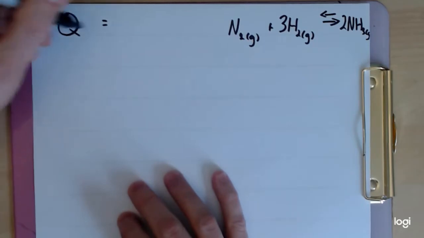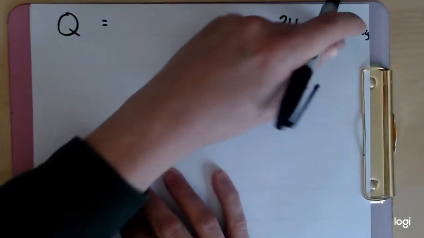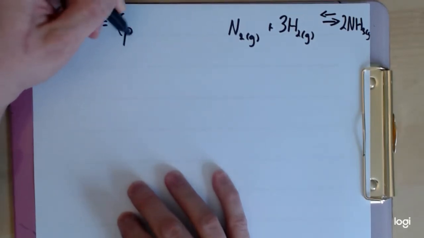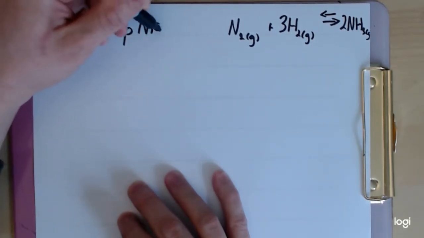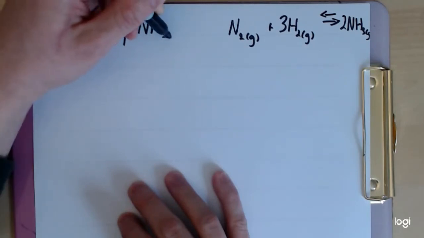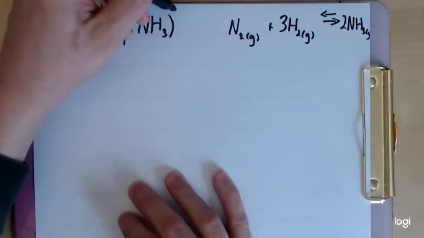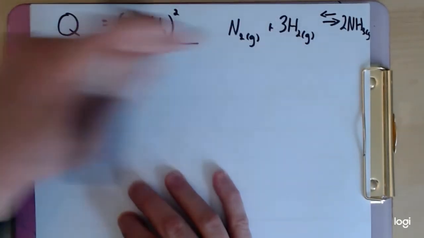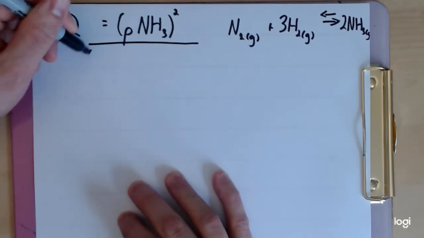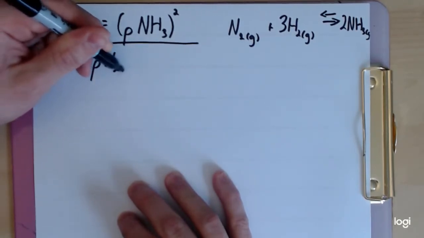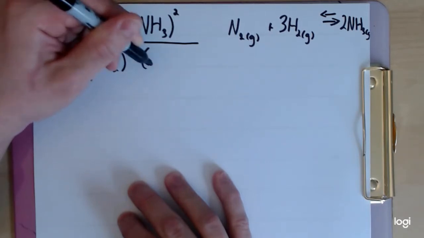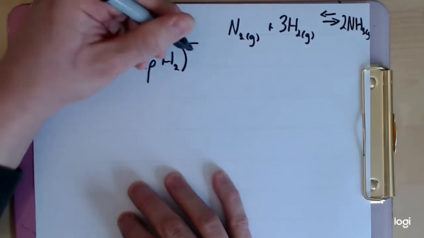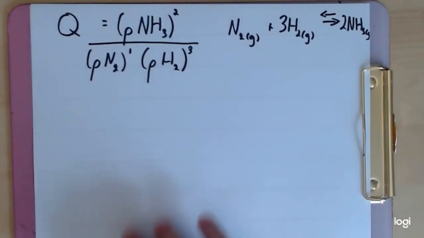So our quotient will be the activity of the products, which is NH3 gas, and because it's a gas, the activity is equal to its partial pressure, raised to the stoichiometric coefficient, so 2, over the partial pressures of these two raised to their stoichiometric coefficients: the partial pressure of nitrogen gas to the 1, and the partial pressure of hydrogen gas raised to the 3rd.